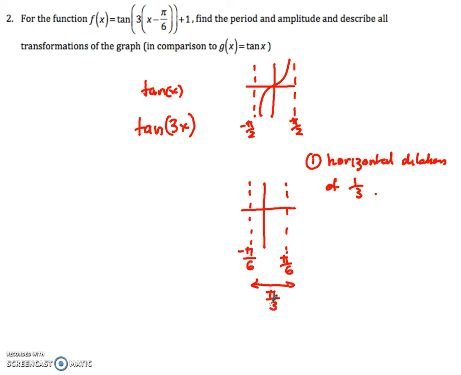And then finally, if we replace x with x minus pi/6, very similar to the previous example, we know that's going to shift us to the right pi/6. If we also add a 1 at the end, which brings us to our function f of x, that's going to give us a vertical translation up 1.